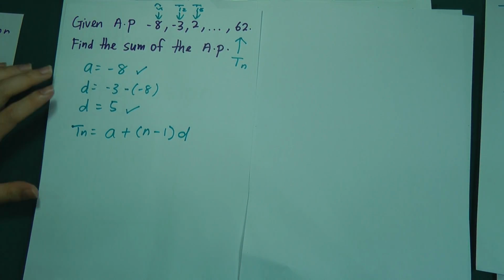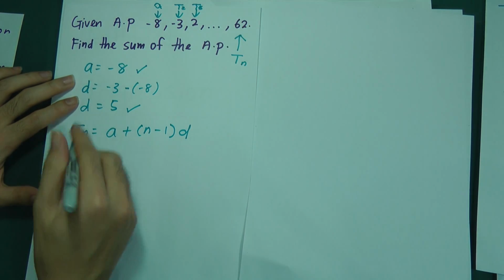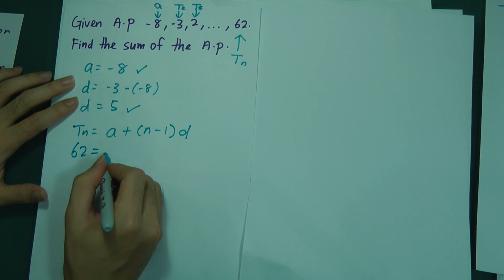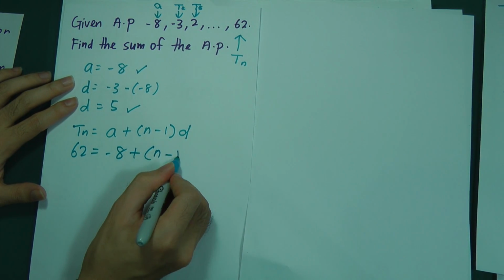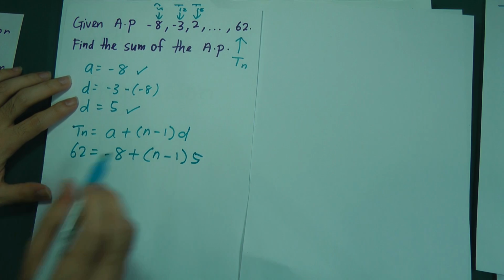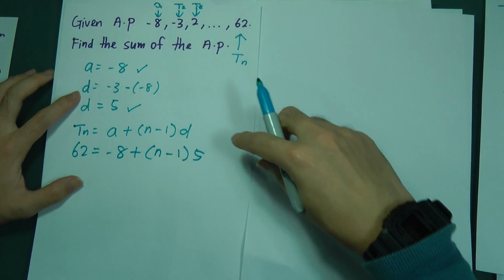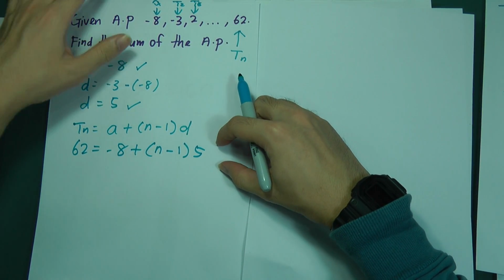Then only can you find n. So we know this term is given, A is negative 8 plus n minus 1, we do not know n, but D is equal to 5. So solve this equation, we can get the value of n.